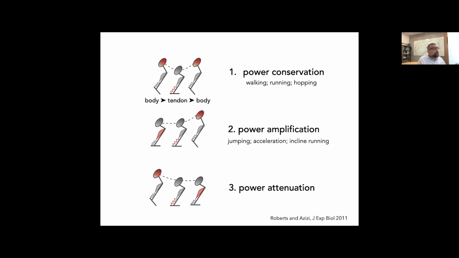Accelerating or running up a hill, all those are behaviors that require our muscles to impart additional energy onto our center of mass. In these scenarios, we can amplify the mechanical power of our muscles through the utilization of in-series elasticity. And in this case, as we're looking at the energy flow, what we really have is from a standstill, we have the muscle firing. The muscle is producing mechanical energy, which is being transferred directly to the tendon in this case.